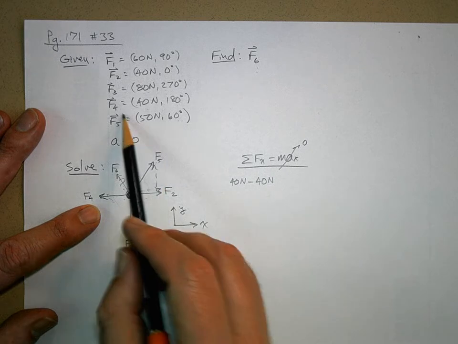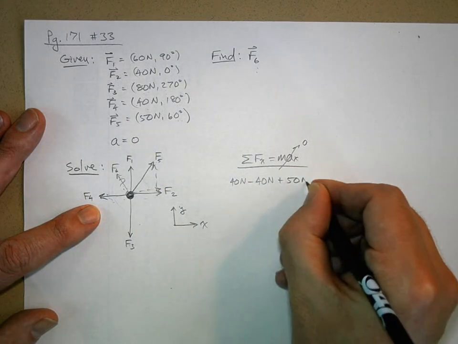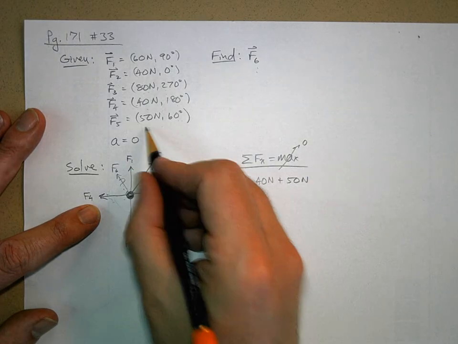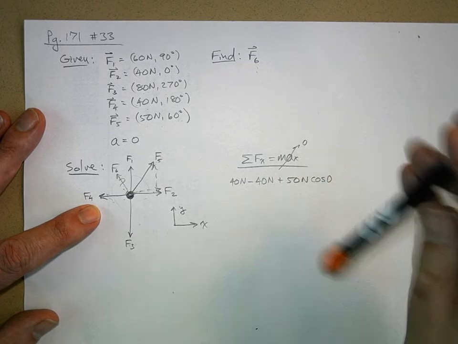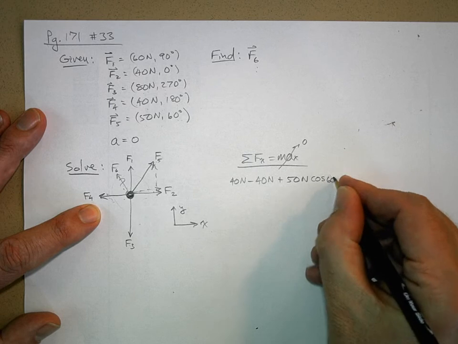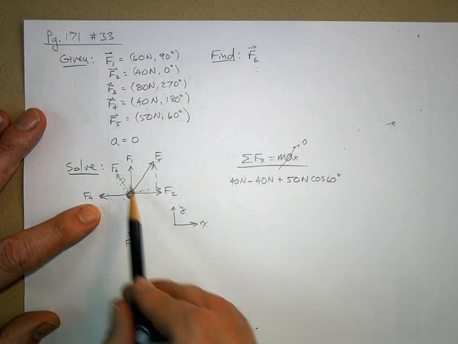And then F5 in the x. Well, what is that? Well, that's 50 newtons. And in the x direction, it's cosine, right? Cosine of 60 degrees. Let's go ahead and put the 60 in there. And then we have F6.